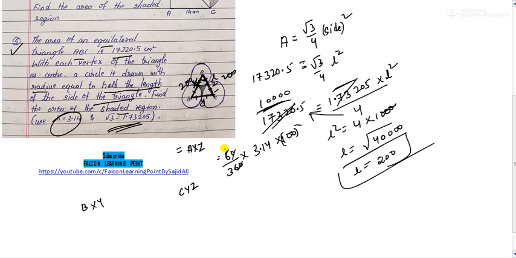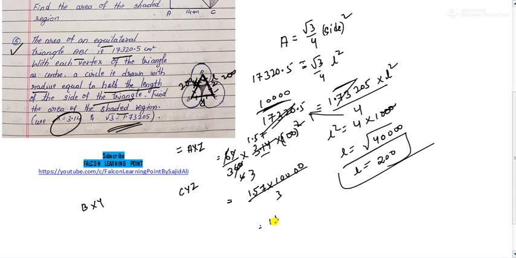So 6 ones are 6, 6 sixes are 36. So on solving this, we'll get how much? These two are divisible by 2. So 2 3s are 6, and here we'll get 2 1s are 2, 5 and 7, correct? So this after multiplication, this becomes 1.57 into 2 more 0 because of square, divided by 3.